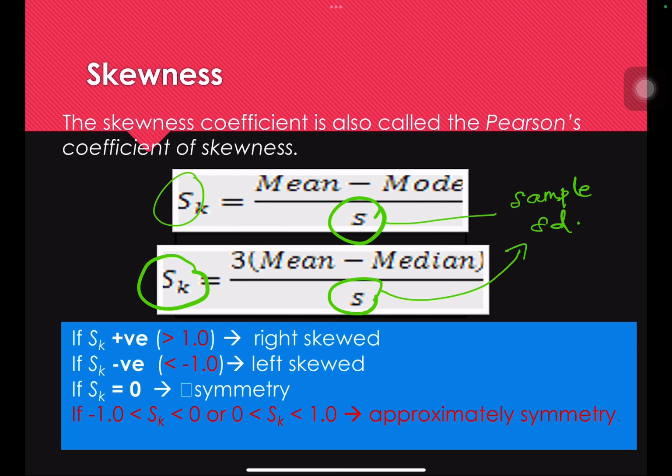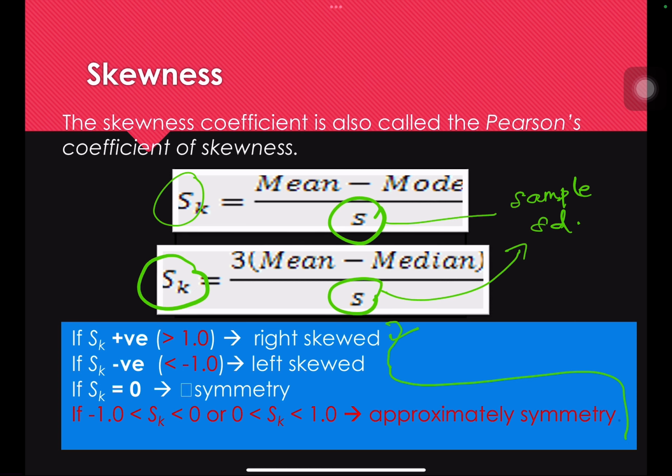Okay? And what is the importance of SK or skewness here? When you get the value, you use it like an indicator. So if your SK is positive, greater than 1, it means right skew.